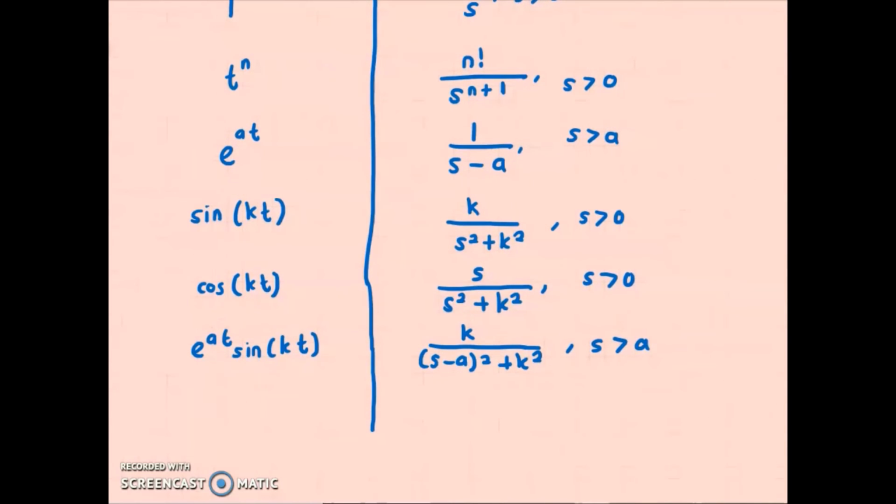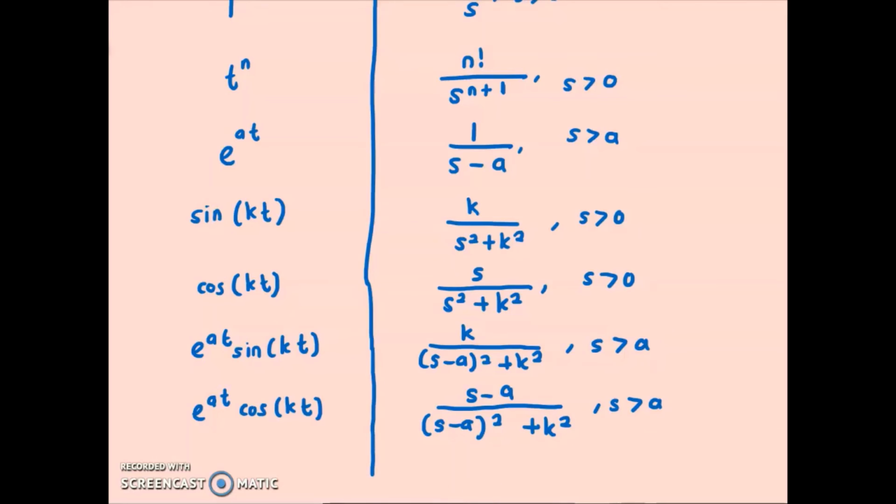And then for the cos, e to the at cos kt is given by s minus a over (s minus a) squared plus k squared, for s greater than a.